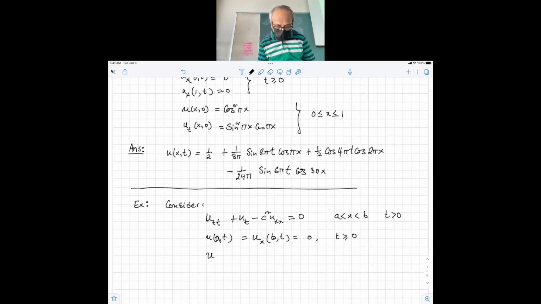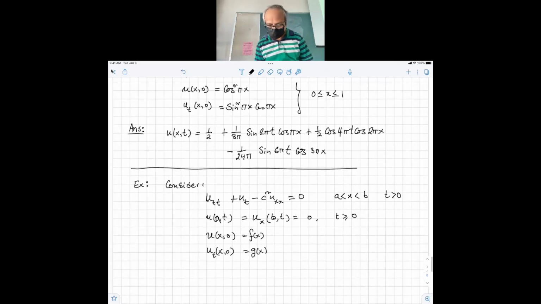And I have an initial condition u(x,0) equals f of x and u_t(x,0) is g of x. Everything looks the same except it is a different equation.